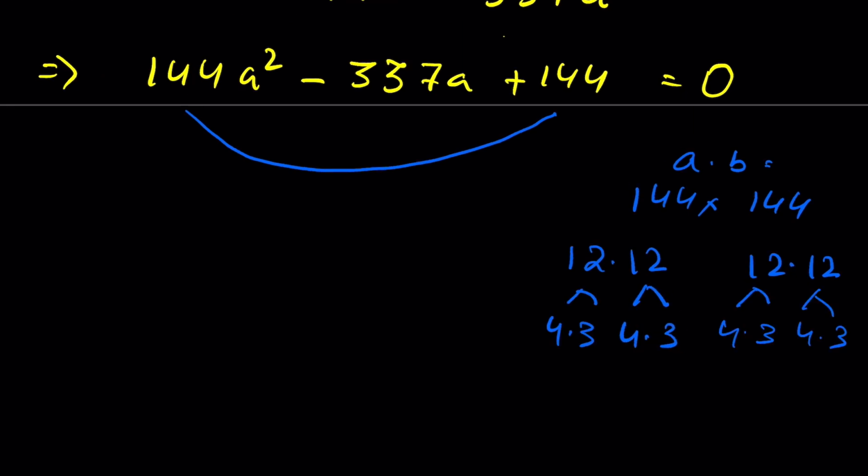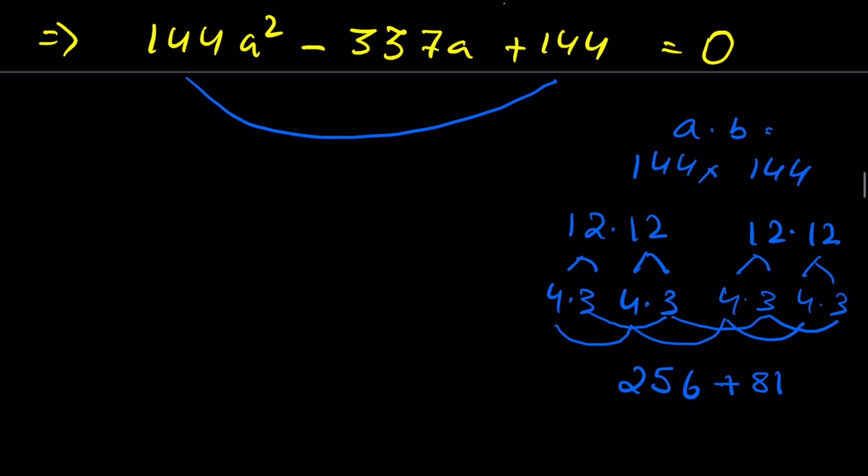Now if we multiply 4 times 4 is 16, 16 times 4 is 64, and 64 times 4 is 256, and we multiply all the 3's. 3 times 3 is 9, 9 times 3 is 27, 27 times 3 is 81. If we add 256 plus 81, it is equal to 337, and if we multiply 256 times 81, it will be equal to 144 times 144.